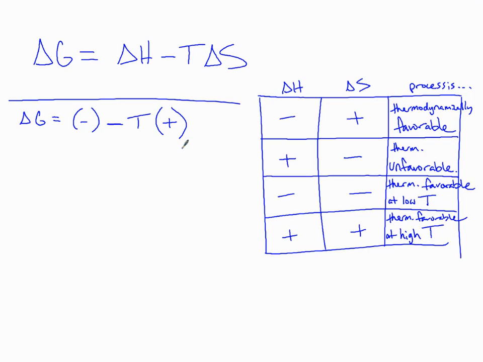I want to know what's the sign of delta G. Positive. It's negative. We have a negative minus a positive. Not minus a negative, it's minus a positive. And so we just ignore temperature because it's always positive.